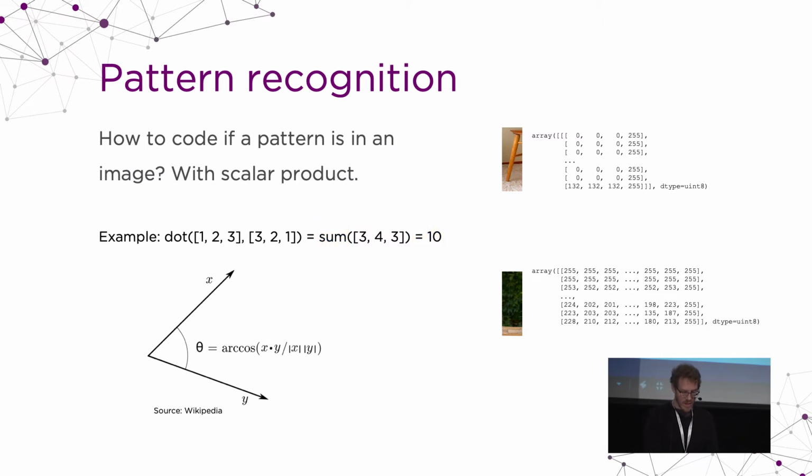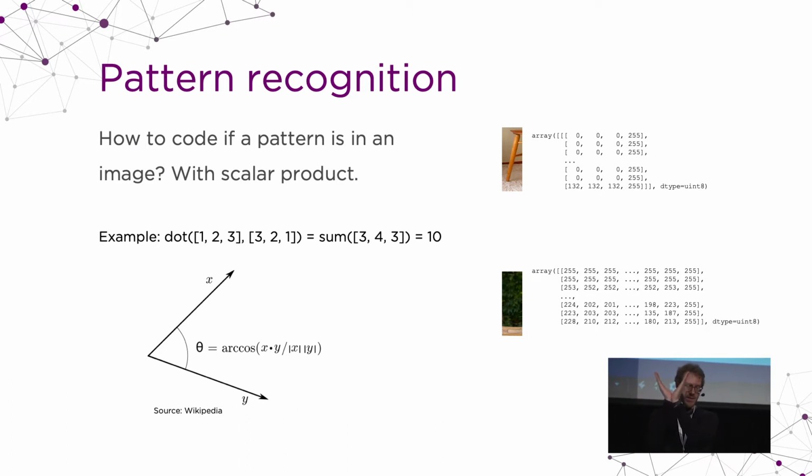The scalar product has a geometric interpretation. Here I have my scalar product between two arrays, x and y. If I divide it by the product of the norms of the two vectors, and I take the arc cosine, I obtain the angle between the two vectors.